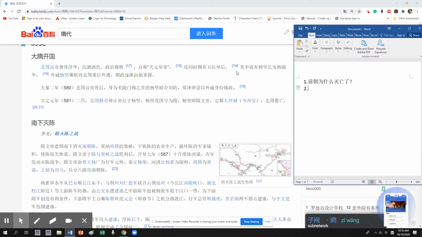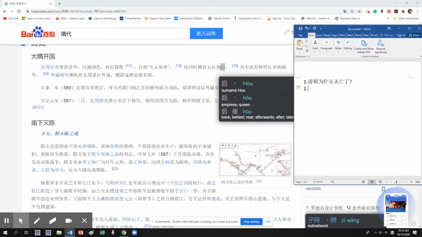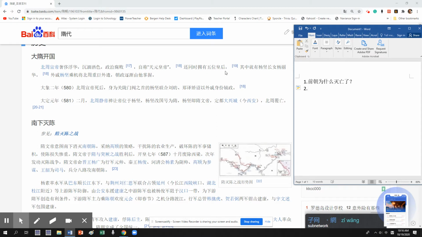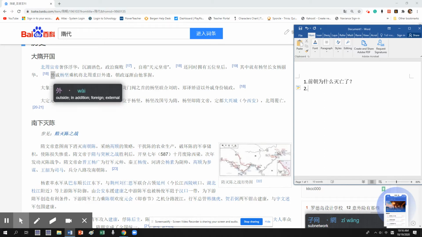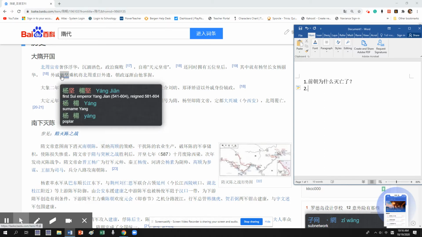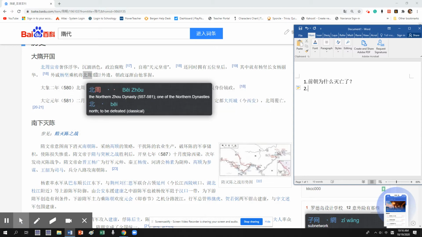And the text goes on to explain that one of his 5 concubines had a relative who's going to turn out to be the next emperor, the first emperor of the Sui dynasty.